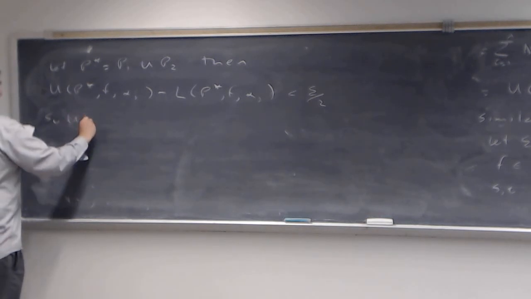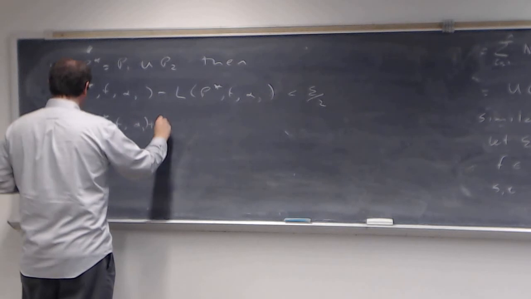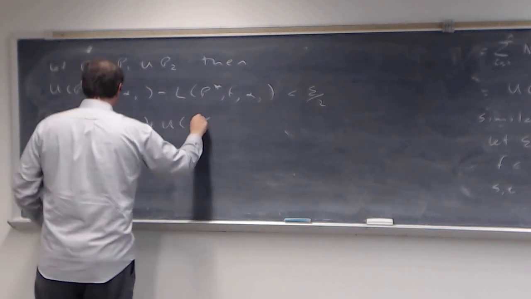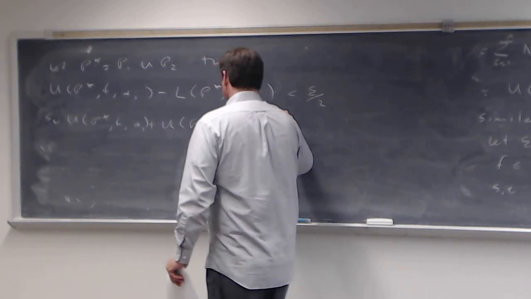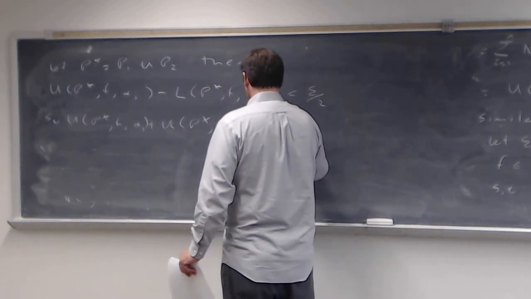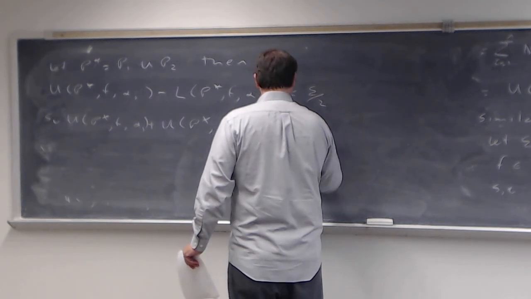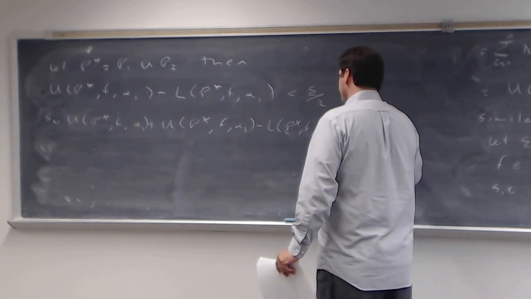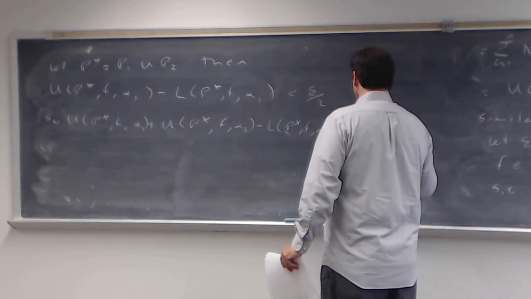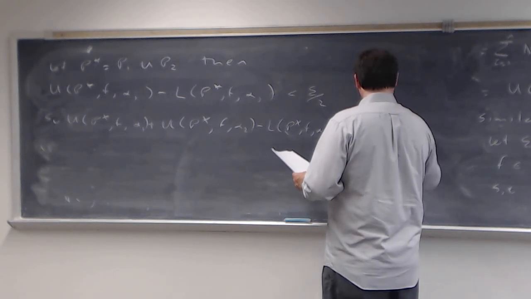What we have is the upper sum of P star, f, alpha 1 plus the upper sum of P star, f, alpha 2 minus the lower sum of P star, f, alpha sub 1 minus the lower sum of P star, f, alpha sub 2, but that's going to be less than epsilon.